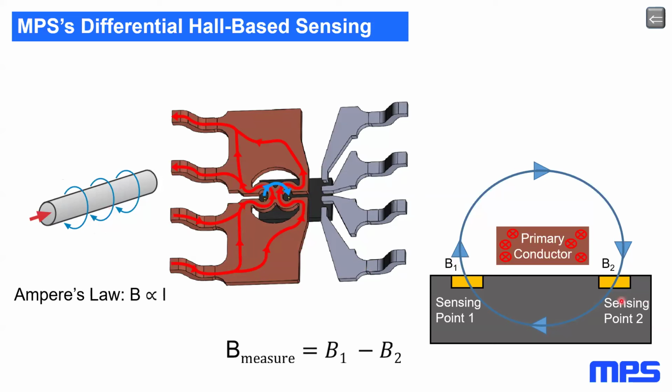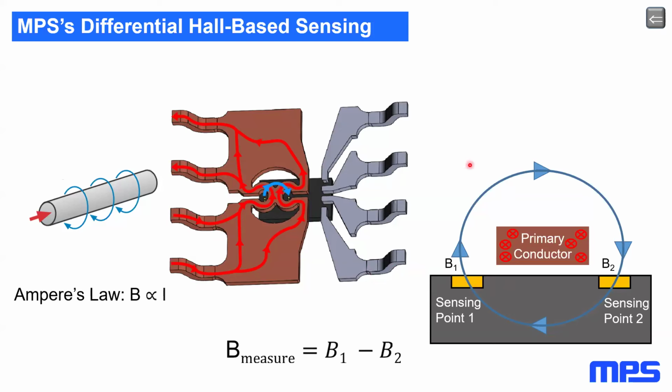And so a lot of times, if you have an external current that would be causing a field here, this field is not going to be truly uniform between sensing point 1 and 2. There's actually a gradient. In other words, let's say the field is pointing upward. Point 1 would see an upward and point 2 would see an upward, or a positive, magnetic field, but maybe B1 sees an even stronger field.